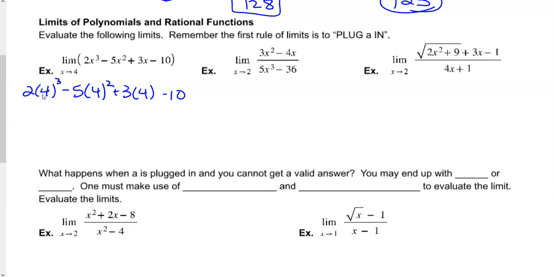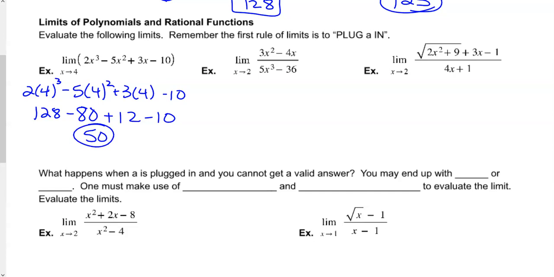So here, I'm going to cube 4, which gives me 64, times 2 gives me 128, minus 4 squared is 16 times 5 is 80, plus 12 minus 10. So then if you subtract 80, we get 48, add 12 is 60, subtract 10, this value becomes 50. And it's a valid number, so you're good.